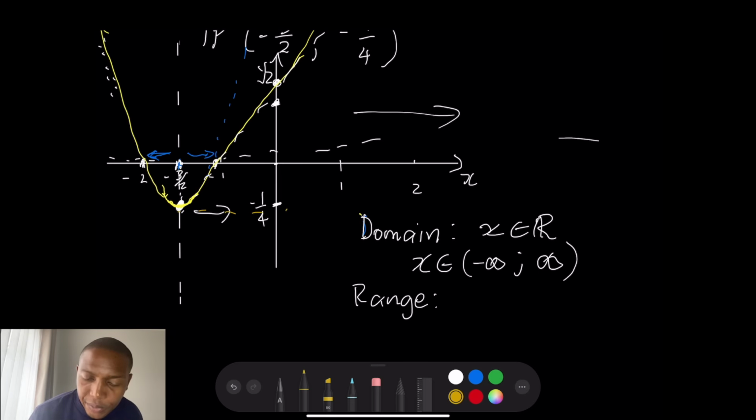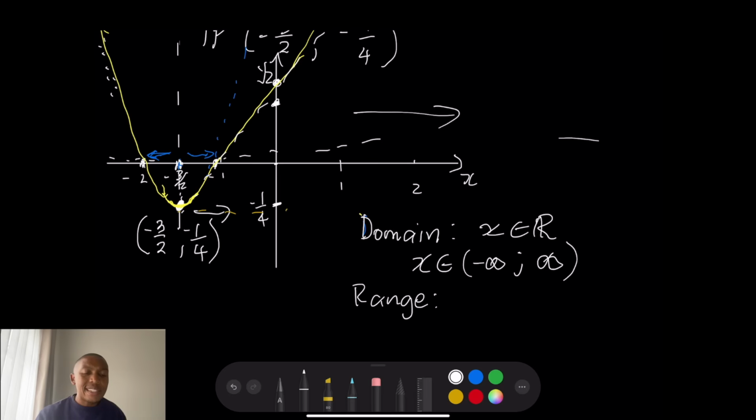In fact, I should have labeled that turning point there. So that turning point would be at -3/2. So that's -3/2 and -1/4. That's our turning point.